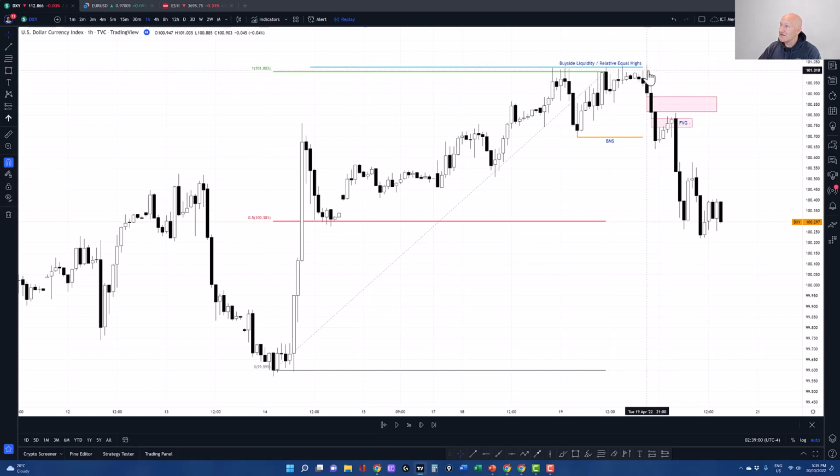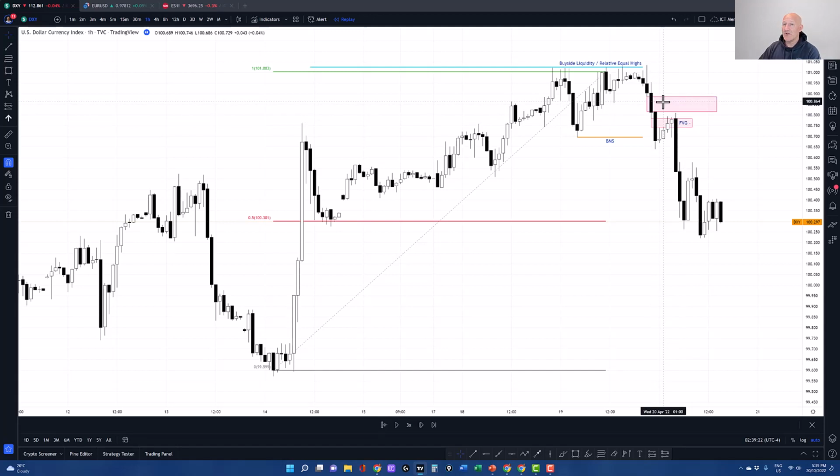Now in this instance, if we were actually going to take a trade on this particular setup, so if we're going to trade the dollar, you would put your limit order here at the high of that third candle, and you would have your stop at the high of the first candle here. So that's going to give you protection against a run up into this particular fair value gap that's sitting above our entry fair value gap.